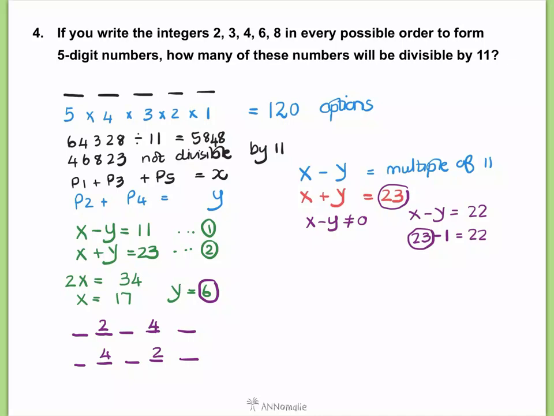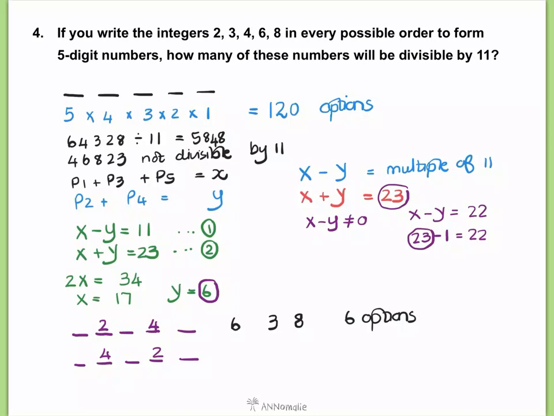What's the rest of the digits? That will be a 6, a 3, and an 8. So I've got 3 numbers to choose from for position 1, 2 to choose from for position 3, and 1 to choose from for position 5. That allows for 6 options, 6 different numbers. What could that possibly be?